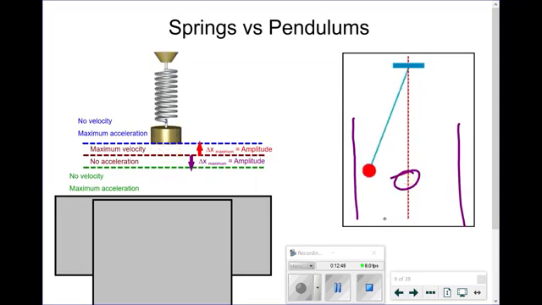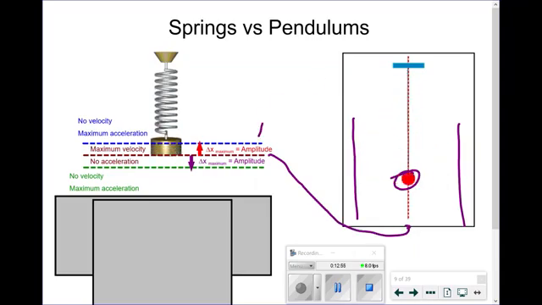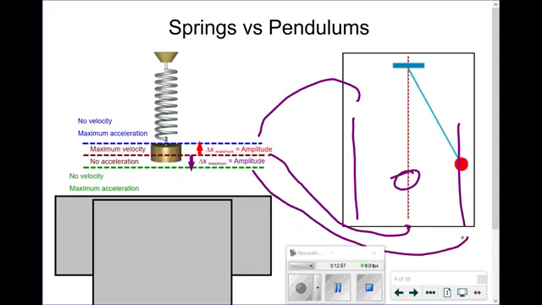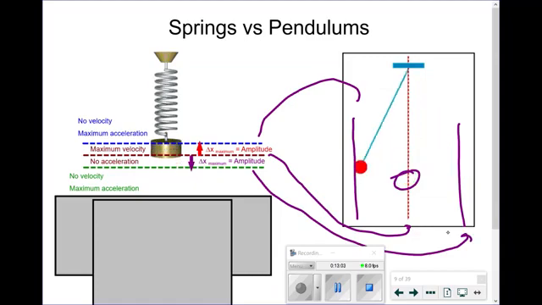So here we have the most amount of speed, much like the purple, and here we have no motion, much like the blue and the green. So we have very similar motion. The bob slows down as it moves away from the center and speeds up as it approaches the center. So while this is not the motion of a spring, again, we do see some very similar properties.